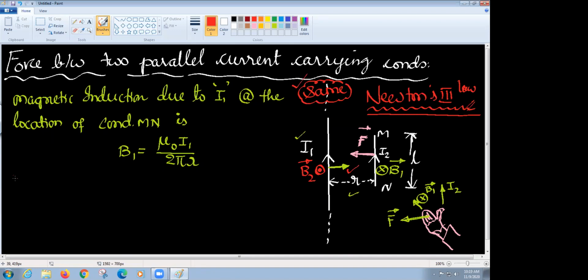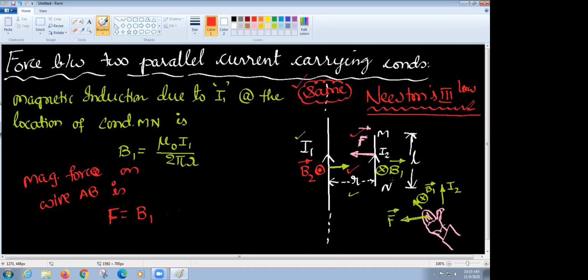So anyways, what I have is magnetic force on wire AB. What is magnetic force on wire AB? Anyone? I want to find this magnetic force on wire AB. So I know B I L, right?